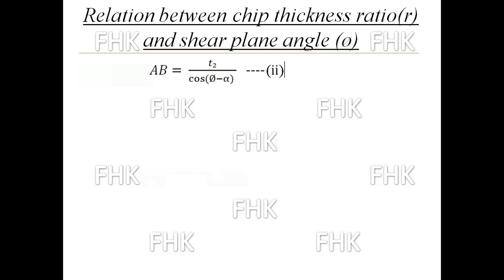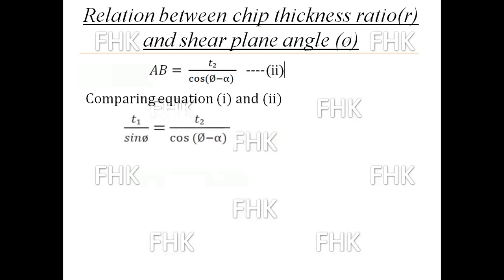So I got the value of AB in two equations, 1 and 2. I compare those two equations. This becomes t1 divided by sin φ is equal to t2 divided by cos(φ − α). Okay, so I will move that t2 to the left side.